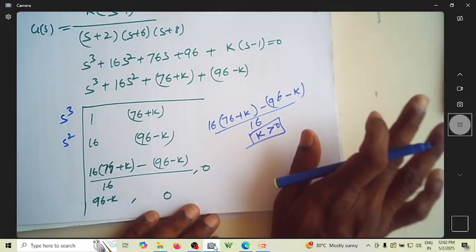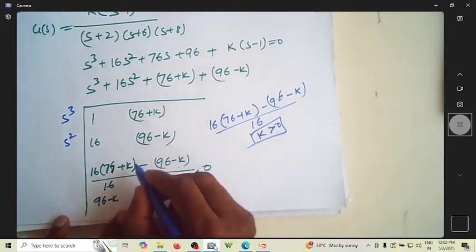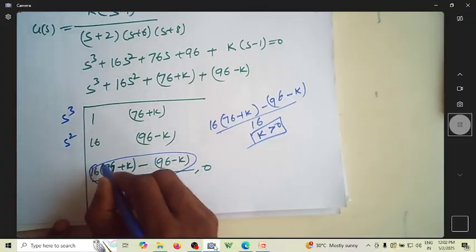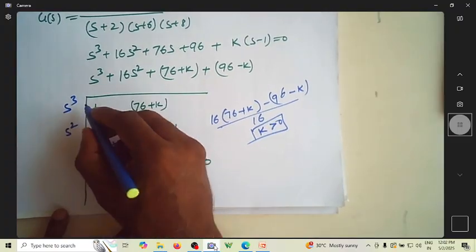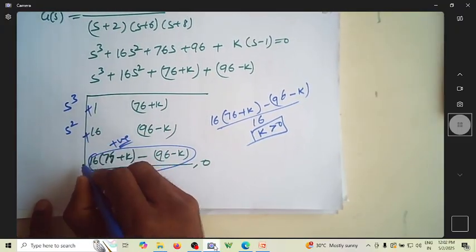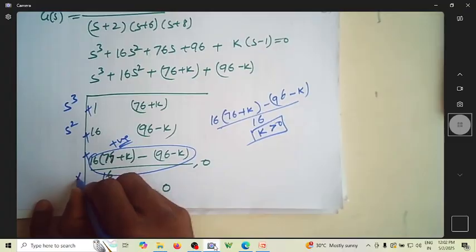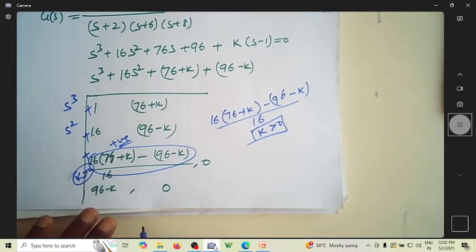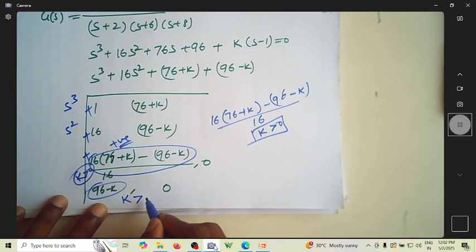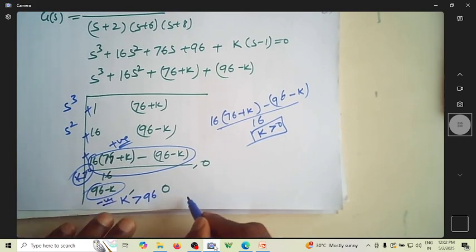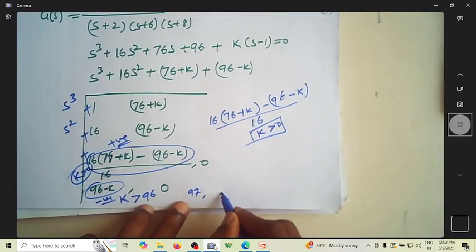For any positive values of k, this is always positive. So this is positive, this is positive, this is also positive for all k values greater than 0. But how about this? If the value of k is greater than 96, then this becomes negative. Assume that it is 97, then it is minus 1.